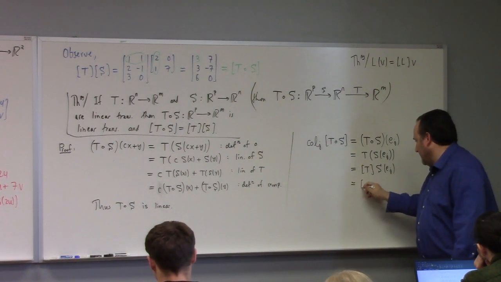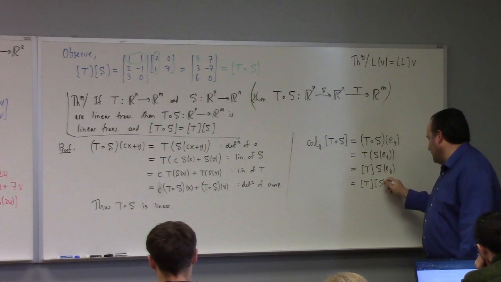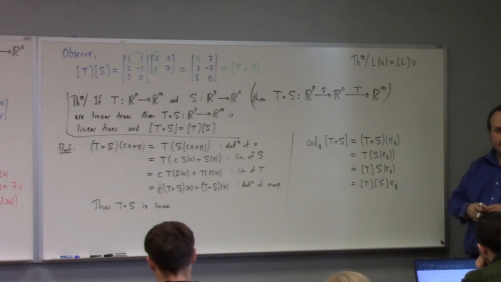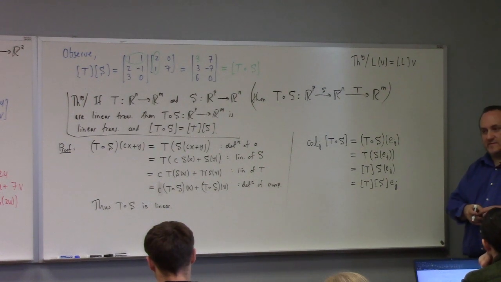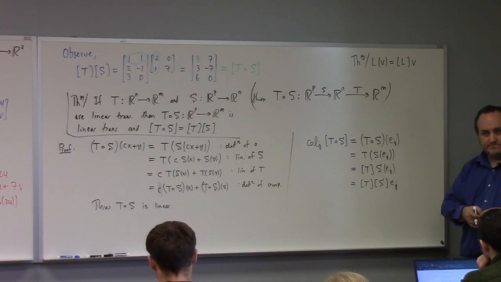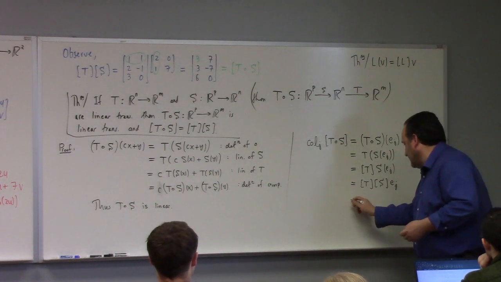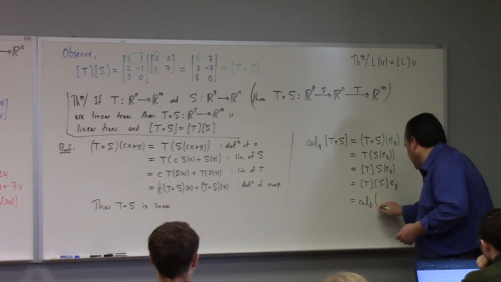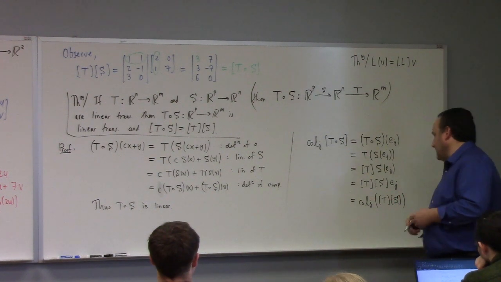Applying that same principle a second time, this is the standard matrix of T times the standard matrix of S acting on e_j, right? But what is any matrix times the jth standard basis element? This is a basic matrix multiplication identity. This is the jth column of the matrix, the standard matrix of T times the standard matrix of S.